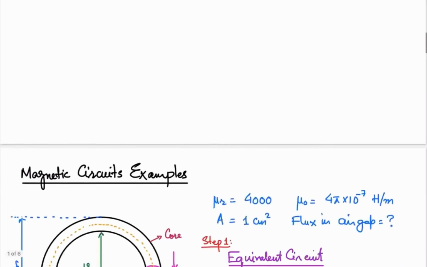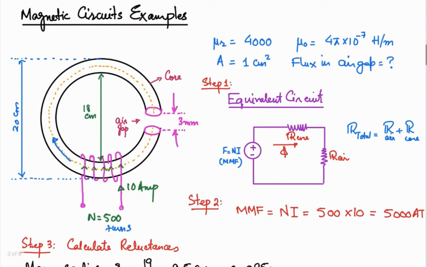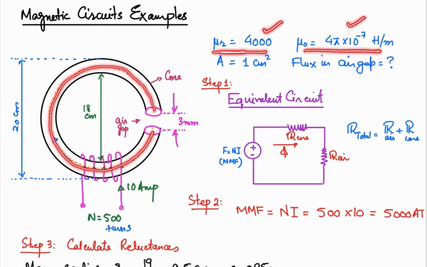Okay, now I am going to move towards solved examples related to the magnetic circuit. A magnetic circuit is shown in front of you. It consists of a core structure that you can see over here, and this core has a relative permeability of 4000. It means it is 4000 times more permeable than air, and the permeability of free space is 4 pi into 10 raised to the power minus 7.